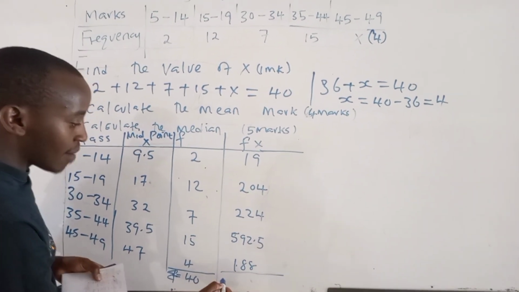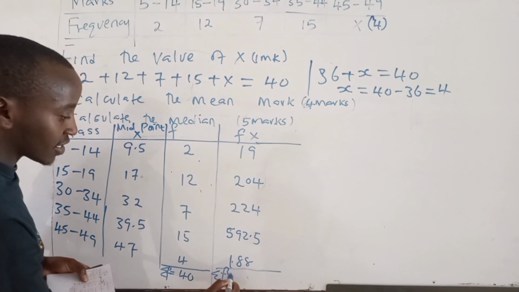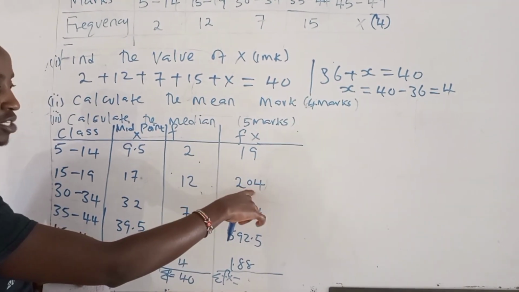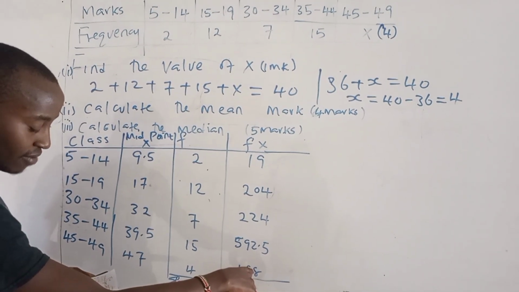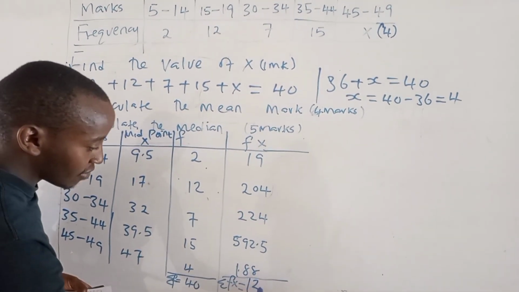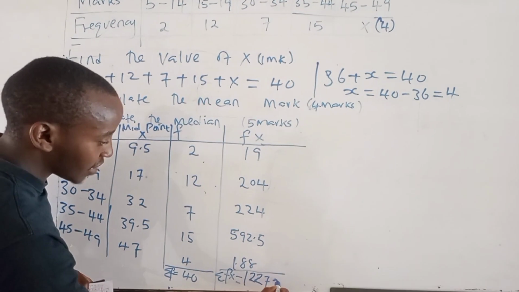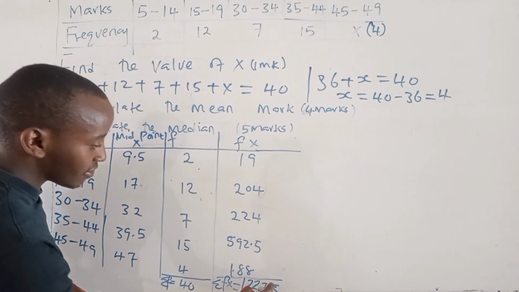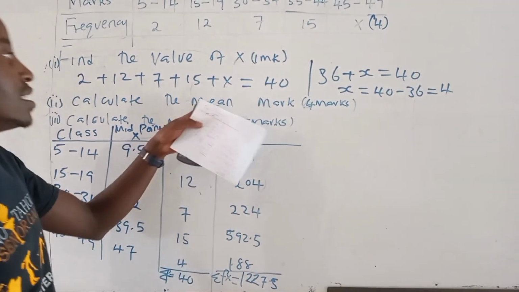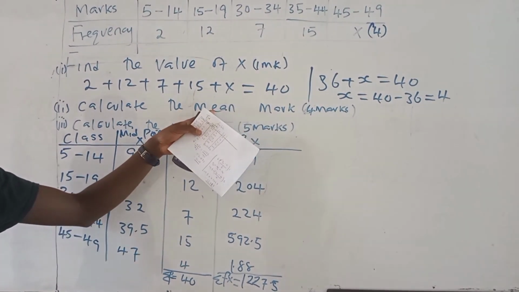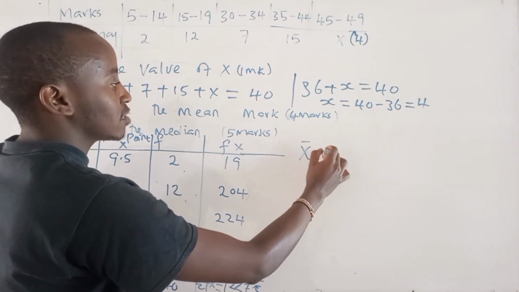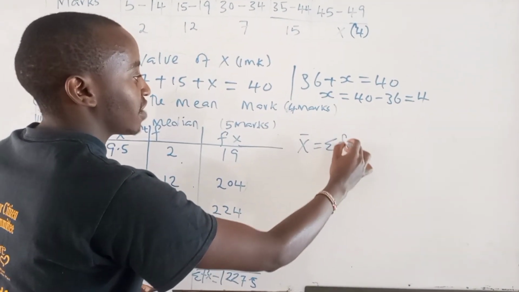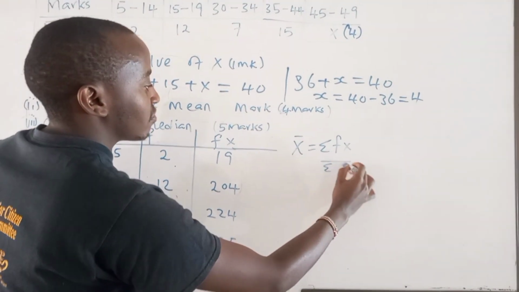Then we sum this, the summation of fx: 19 plus 204 all the way to 188, we get 1227.5. Now, answering our question, find the mean mark. The mean is abbreviated by x bar. X bar is given by summation of fx divided by summation of f.